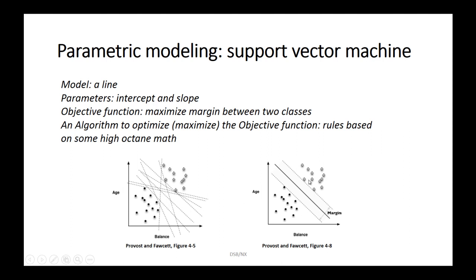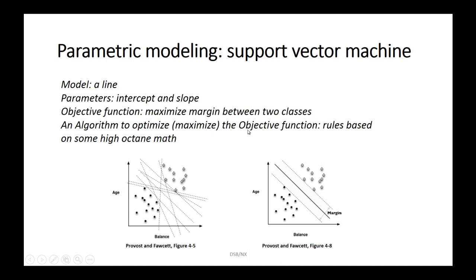But look at the graph on the right. Intuitively, this line that has the greatest margin between the two classes should generalize the best when we apply this line for prediction for new instances. And that is the objective function for support vector machine, which is to maximize the margin between two classes.